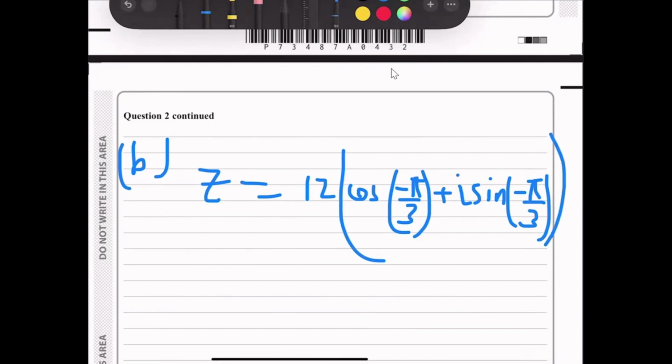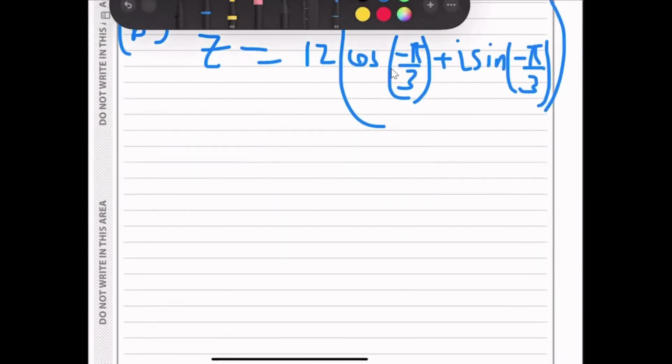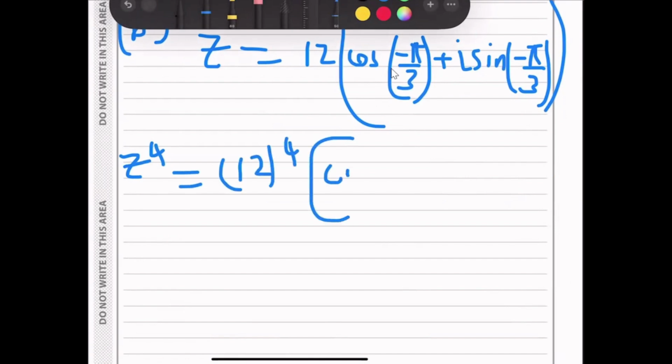So if you take z to the power 4, the modulus is to the power 4, and you multiply the angle by 4. So minus pi by 3 into 4, minus 4 pi by 3, plus i sine minus 4 pi by 3.